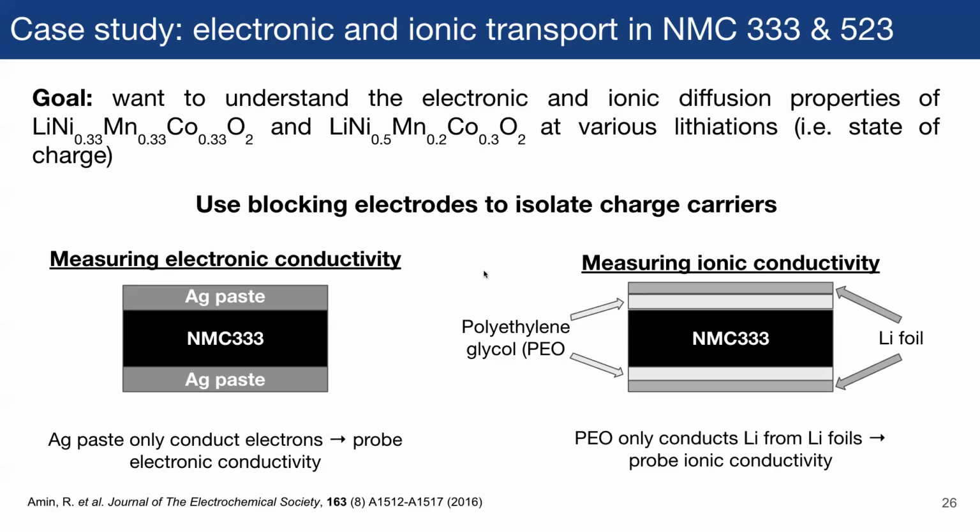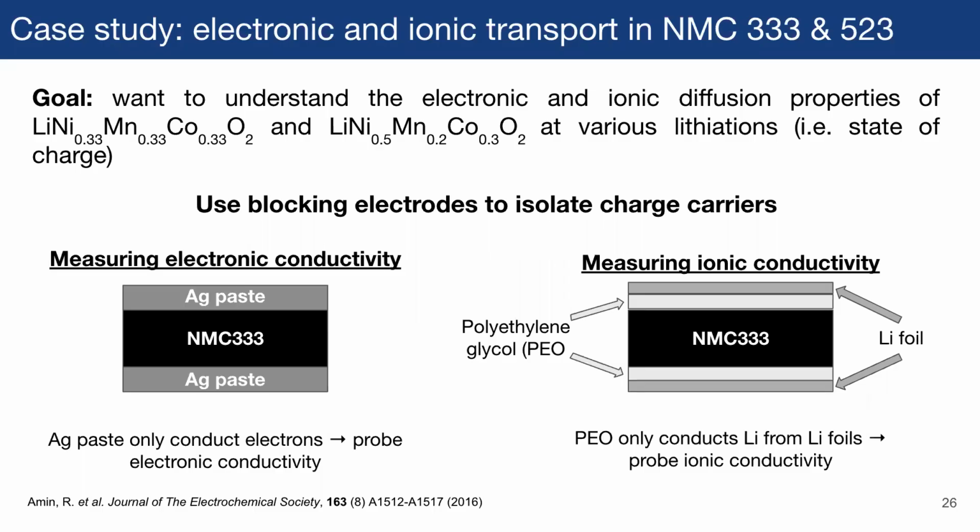Commonly in solid state electrolytes, what you will do first is assess the ionic conductivity, and then you'll also measure the electronic conductivity, potentially with just a DC polarization method.